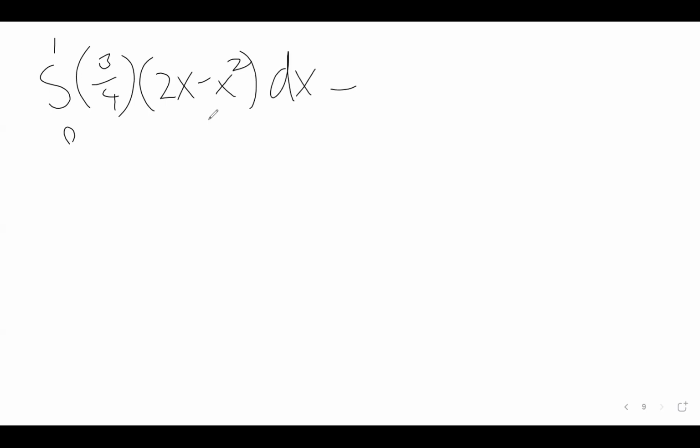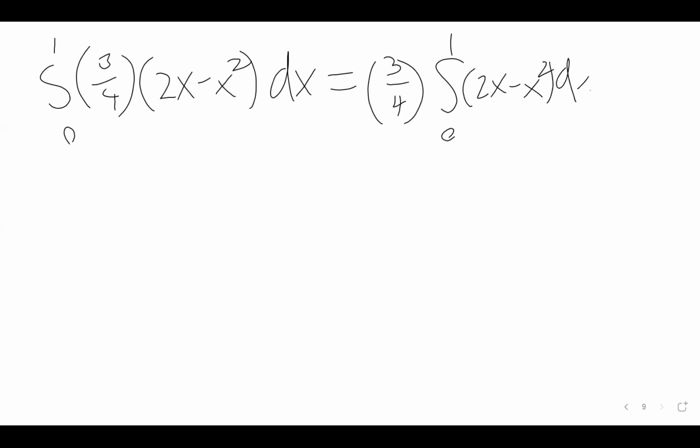Okay, so you integrate from 0 to 1 of the PDF there, 3/4 times 2x minus x squared. This is lowercase x, okay, dx. Okay, so you integrate that. So to integrate this, you move the 3/4 outside of the integral. And so you're integrating now this from 0 to 1 2x minus x squared dx.